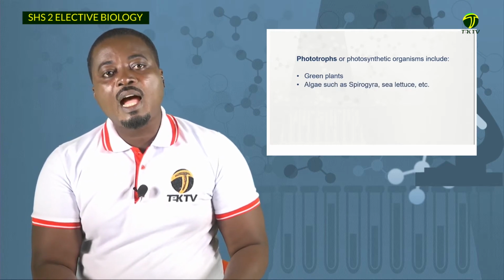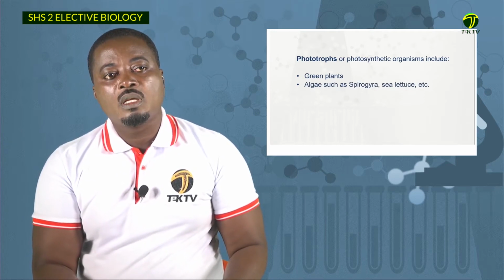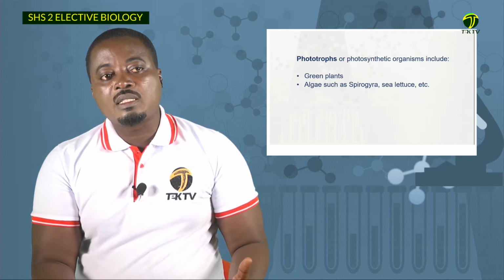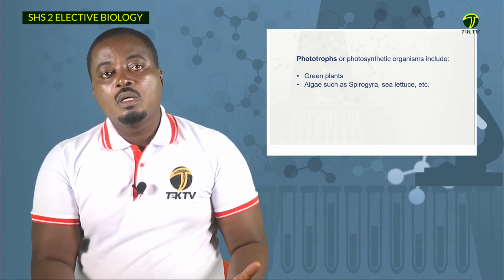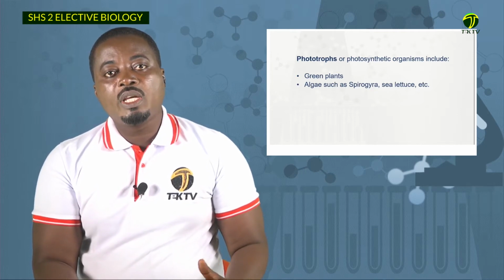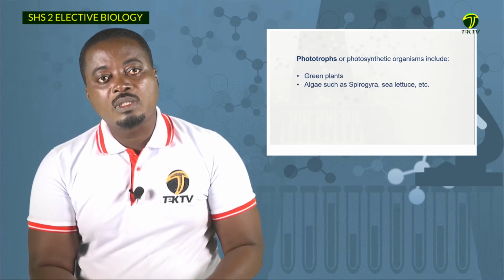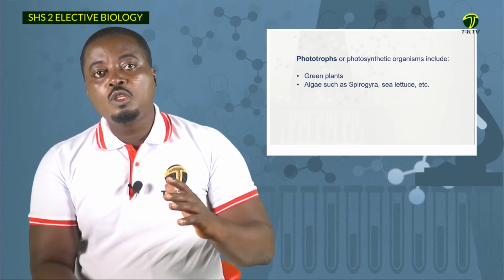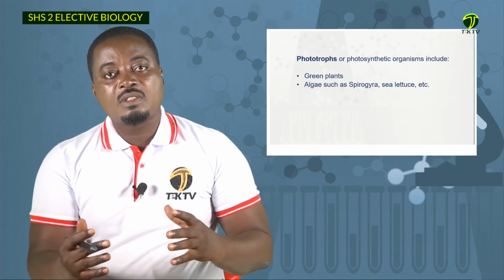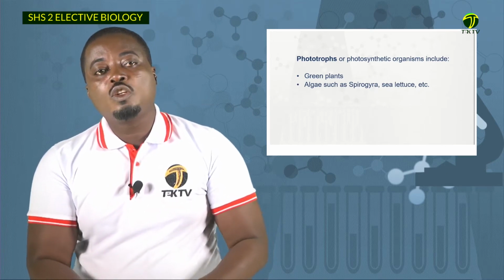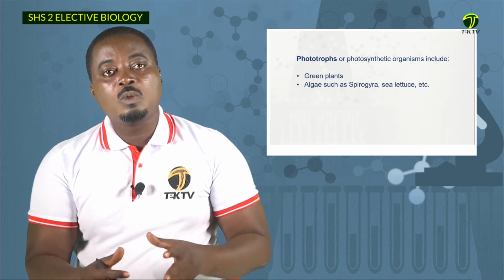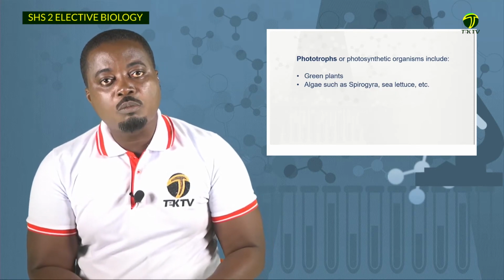Then algae. These are not plants. Algae are not plants. We say they are protists. So even though they have characteristics of plants, they are not fully developed into plants. So in classification, we group them under protists.